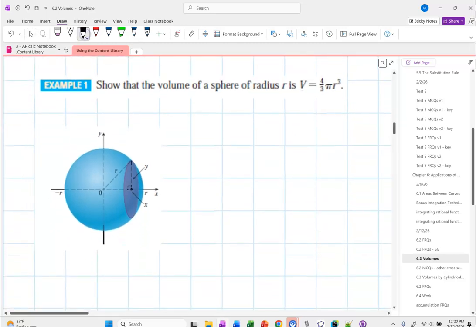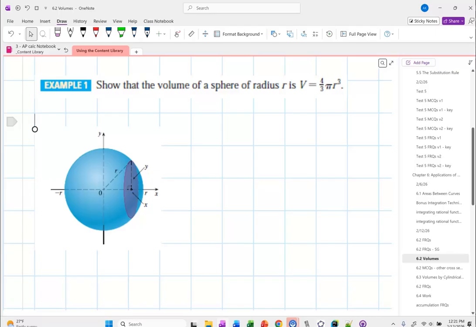So here we're asked to show the volume of a sphere with radius r is 4/3 pi r cubed. Everybody's okay? That's what we're trying to show. So here's a picture of a sphere.